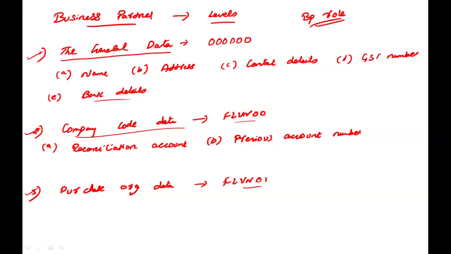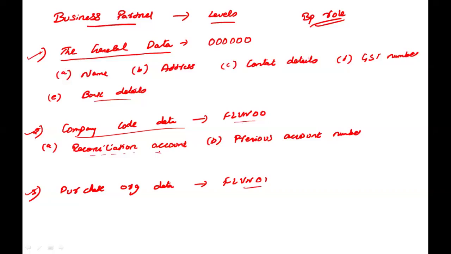Previous account number is nothing but, as I mentioned, here you have a reconciliation account. You are telling from which account you are paying the vendor. Now, before SAP, the business was using another system, like for example a legacy system.